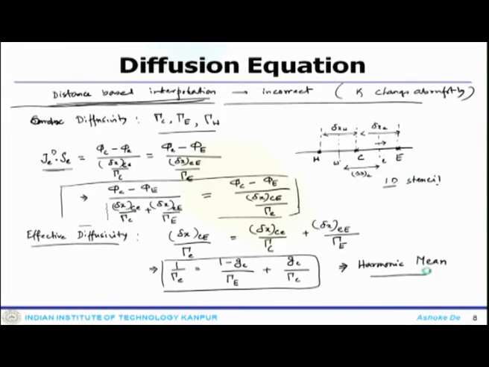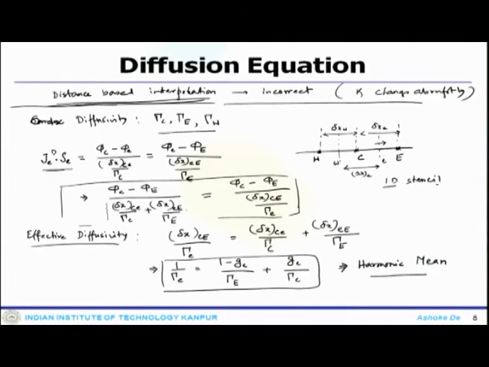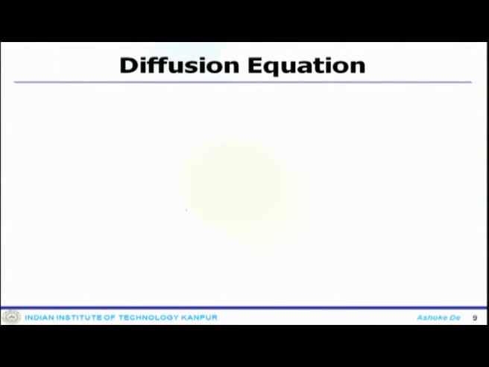So, if you look back, for interface diffusivity there are two options.